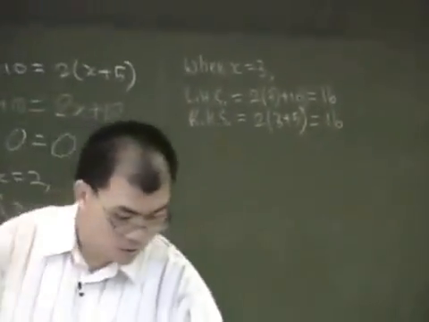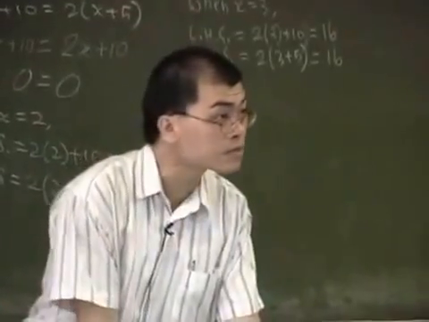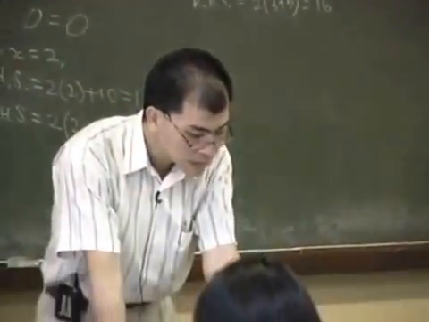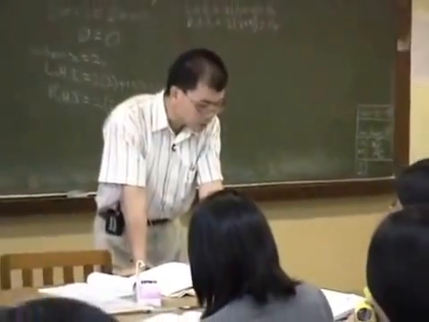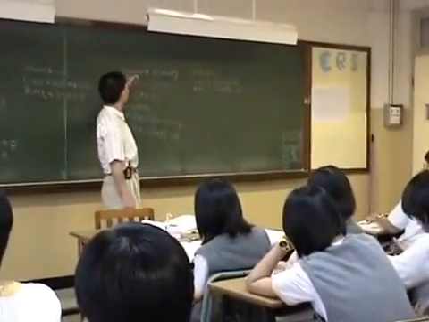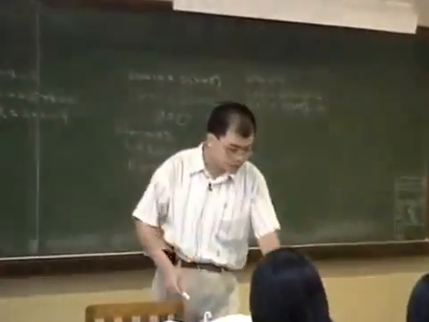From the book, you still have free trial. Try to test whether these 3 are solutions or not. Page 144. In fact, the equation listed is equation 2: 2x plus 10 equals 2 bracket x plus 5.